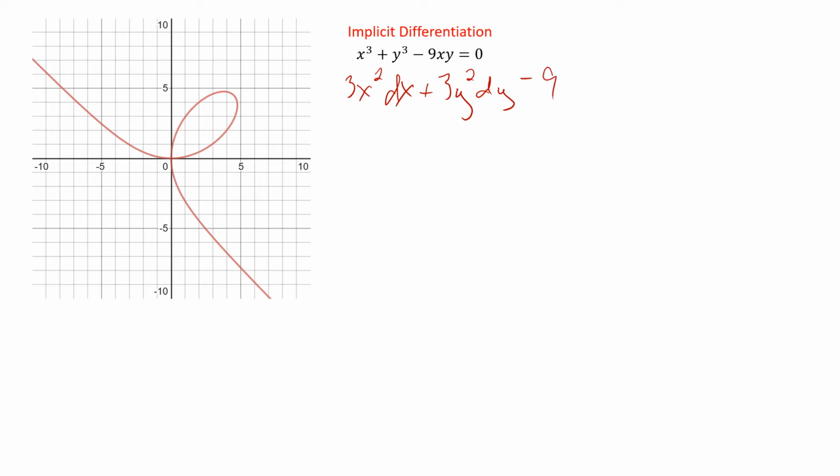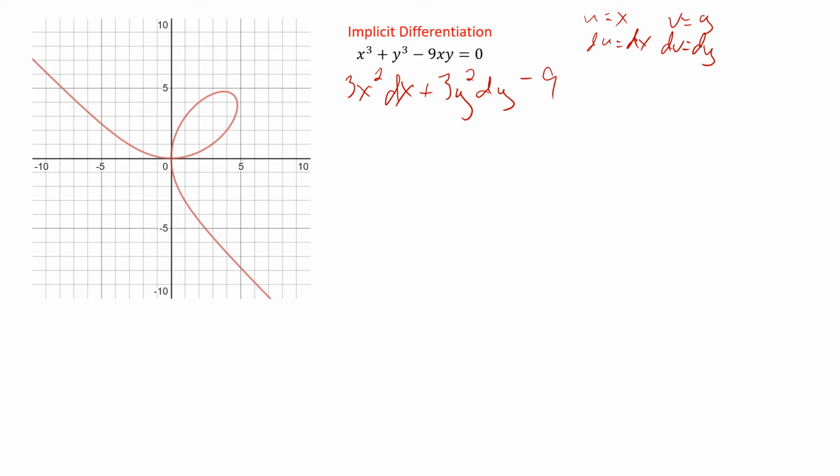Well, xy, oh geez, we're multiplying there. Oh, that means we have to use product rule. So let u equal x, v equal y, du is dx, dv is dy. When you have just xy, you probably won't have to actually show this very many times.